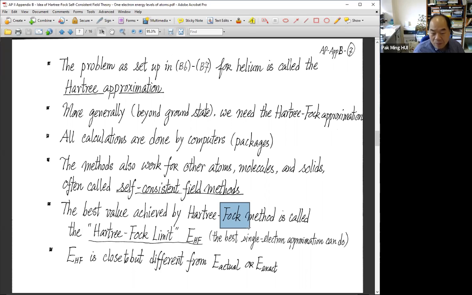If we include that particular term into the single electron problem to solve for self-consistent atomic states, that is called the Hartree-Fock method. I have a little bit more to say, but not much, because that has to do with some more advanced level treatment.